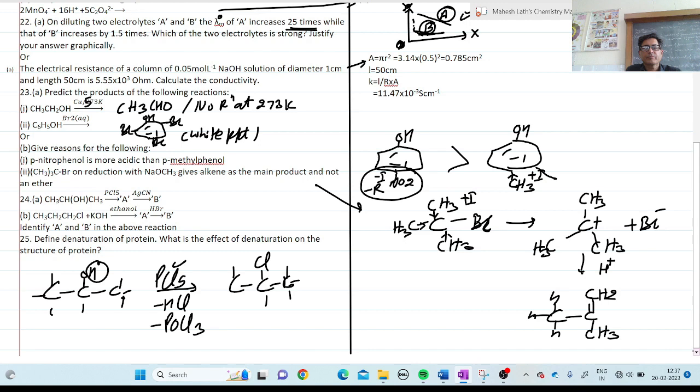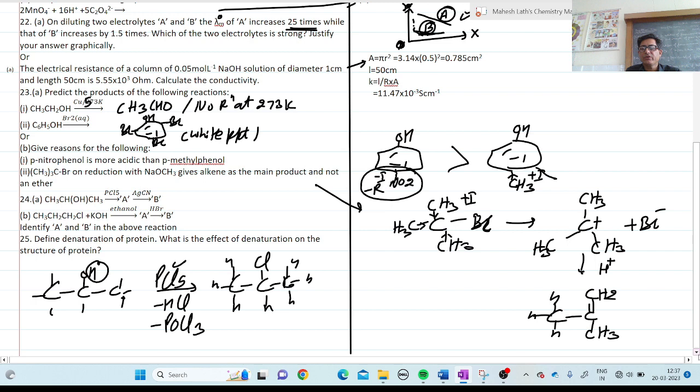Now it is the secondary alkyl halide reacted with AgCN, which shows nucleophilic substitution reaction. In this type of reaction, nitrogen is the attacking reagent and forms isocyanides. So this is product A, this is product B.